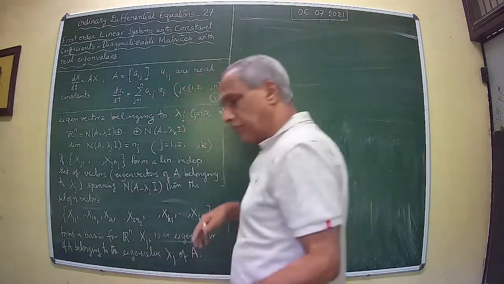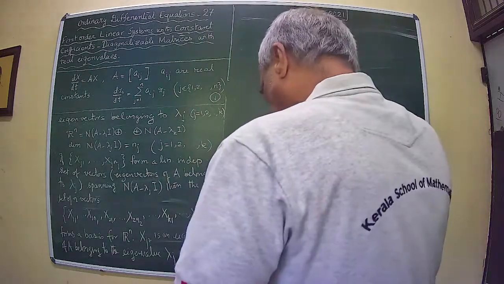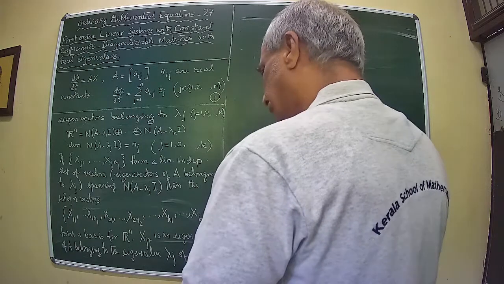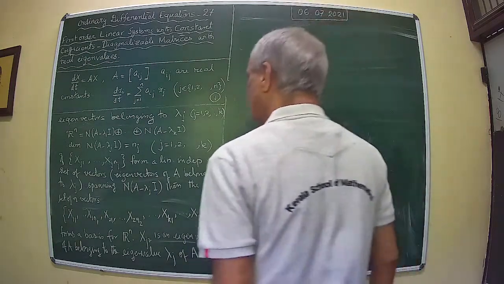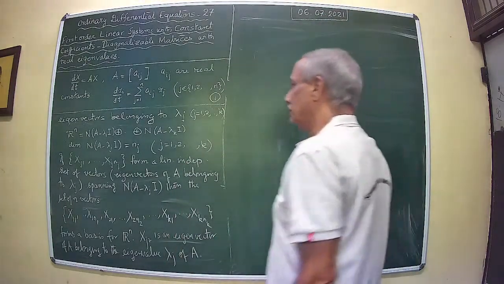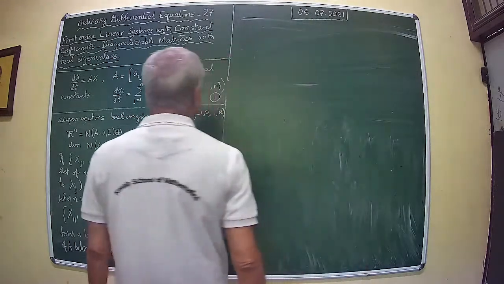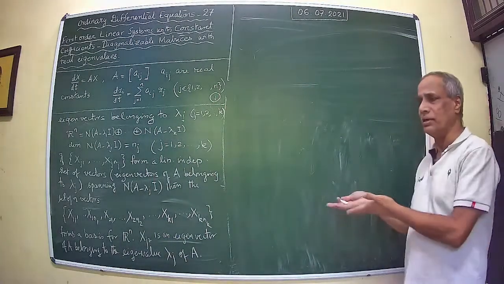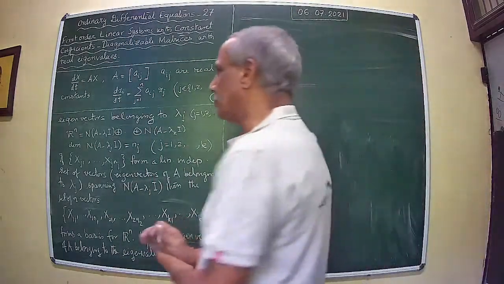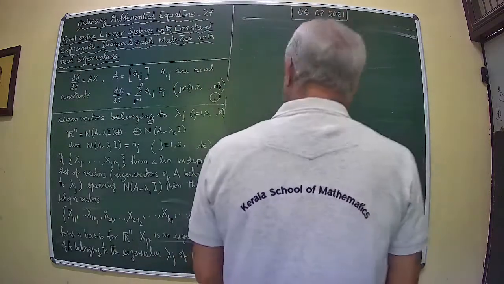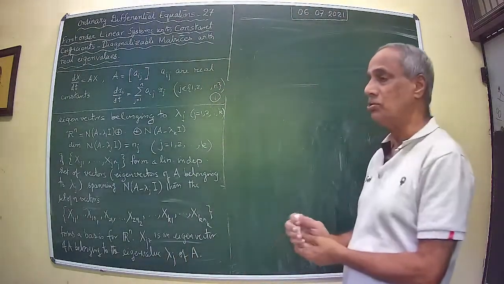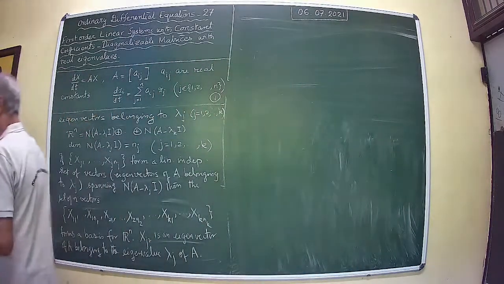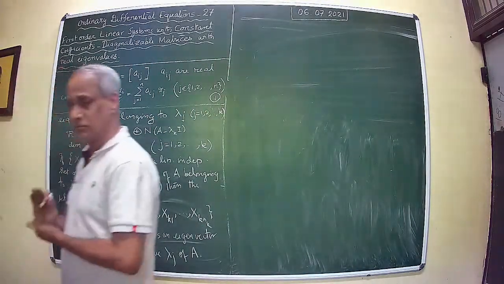So what we have is, if we take the initial data as an eigenvector for the problem dx by dt equal to Ax, with x at t naught equal to some x naught, suppose it is an eigenvector, then the corresponding solution xt also turns out to be an eigenvector for each choice of t.